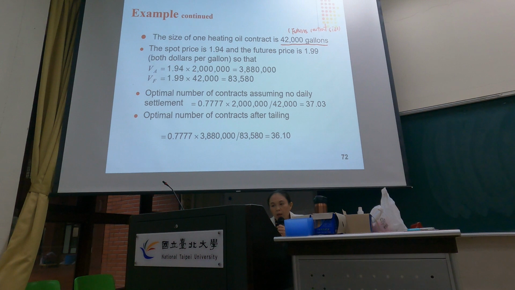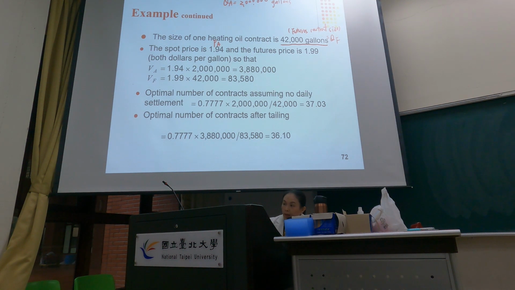So here, QA equals 2 million gallons, and QF equals 42,000 gallons. Okay with that? Now, spot price is 1.94. Here is the PA.